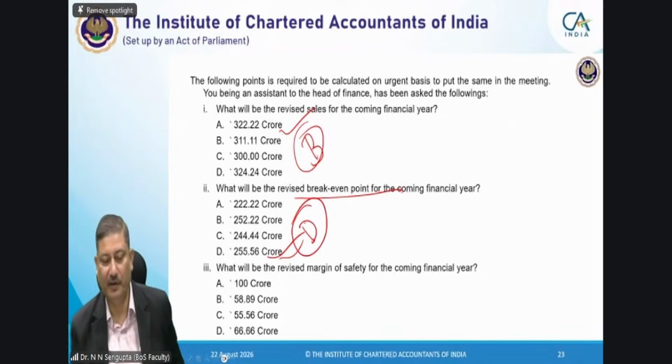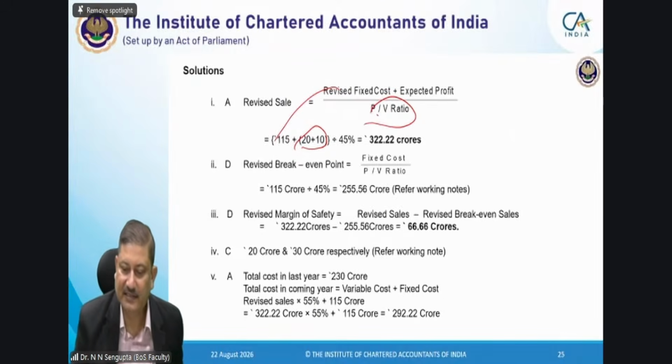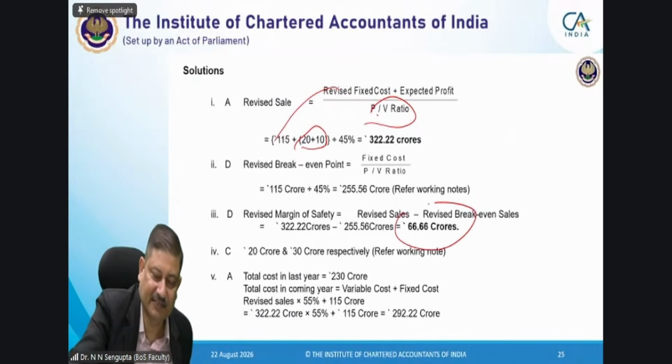So both we have already calculated. So your revised margin of safety, or MOS, will be 322.22 crores minus 255.56 crore. That is 66.66 crores.